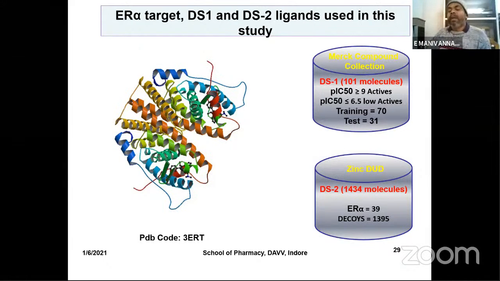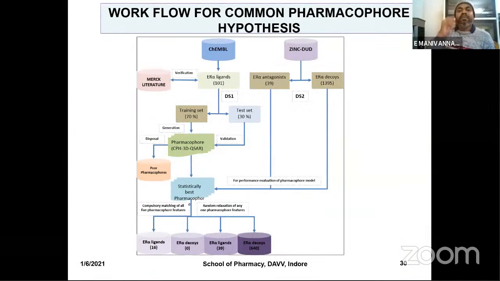Decoys are nothing but dummy molecules. They are structurally very similar, shape-wise very similar, but they don't have the pharmacological activity, that is, estrogen receptor alpha antagonizing activity.